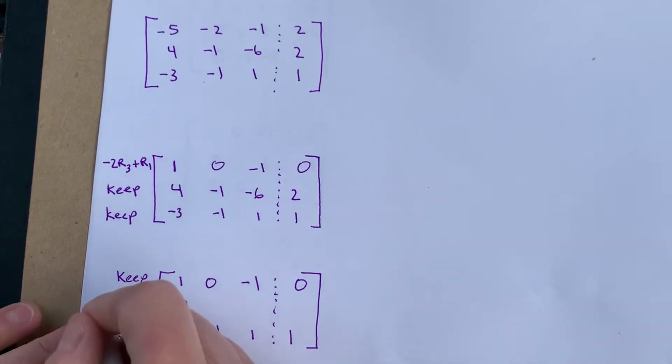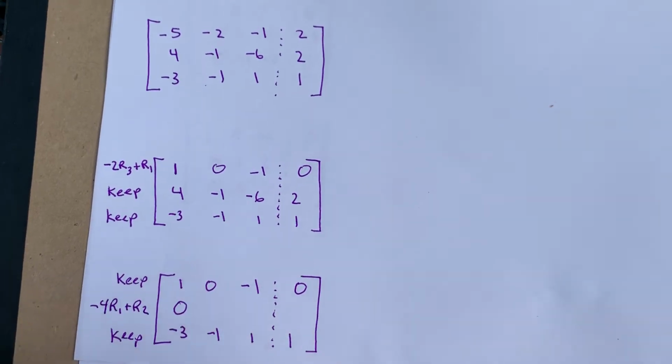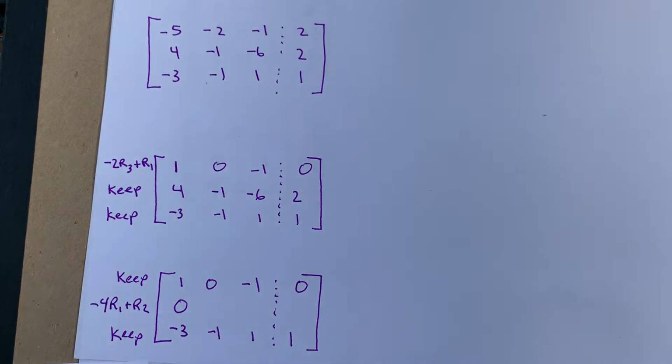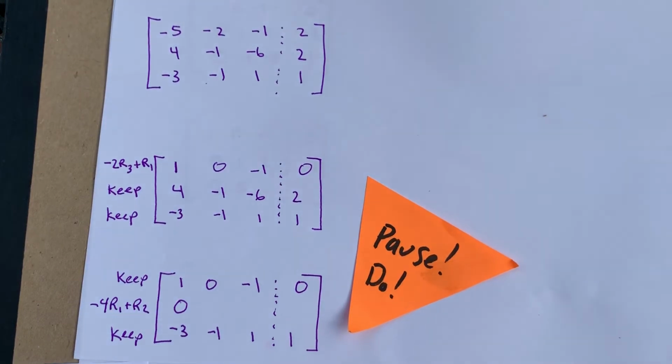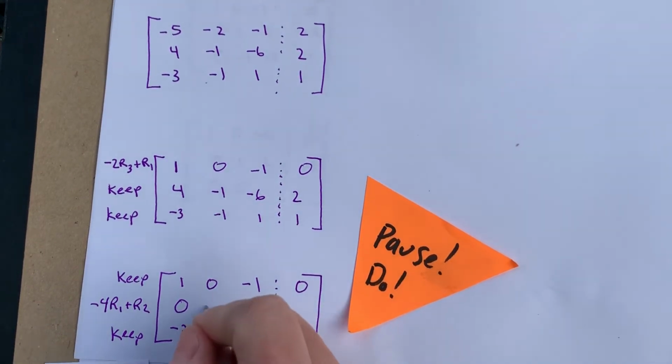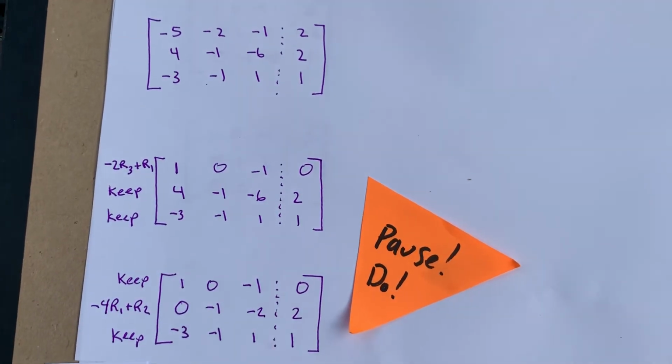So I think I want to do -4 times row 1 plus row 2. And again, I want you to pause, don't press play until you've done that operation. All right, if you've pressed play, it's because you've got these values here and you are ready to go.